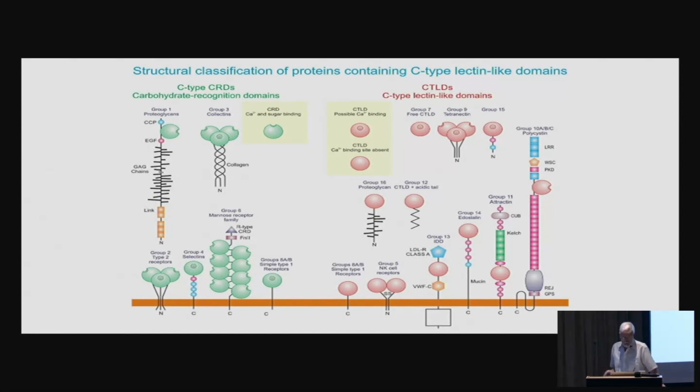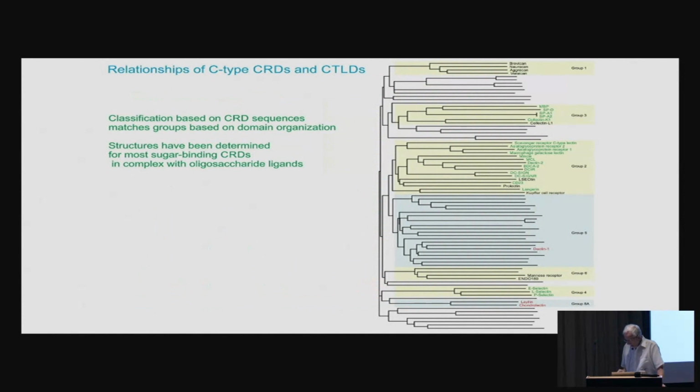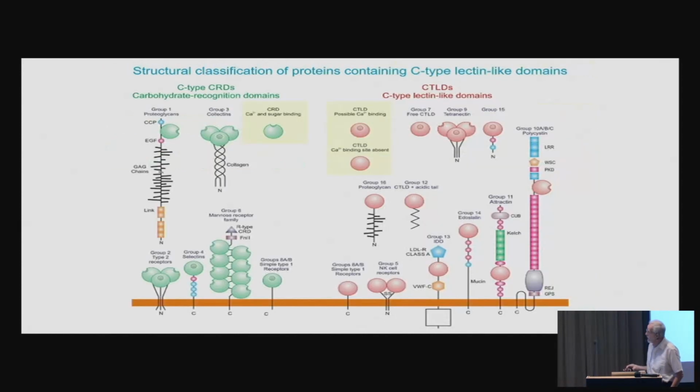Within that group, we can make some interesting comparisons. If we just look at the sequences of the sugar binding domains, the carbohydrate recognition domains, and we classify the proteins based upon those sequences, the most related sugar binding domains correspond exactly to the different structural groups.